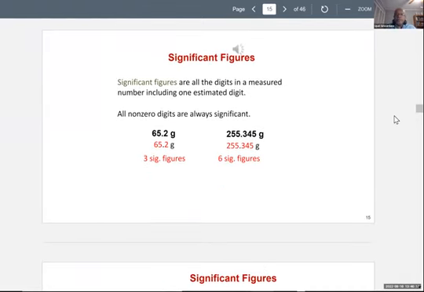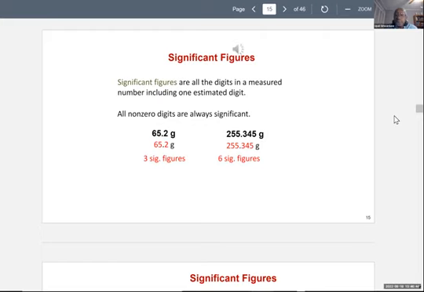We're going to go through some examples again. First number, 65.2. There are 3 significant figures. Why? You count the 2, that's the uncertain digit, and count from the right end to the left: 1, 2, 3 figures.